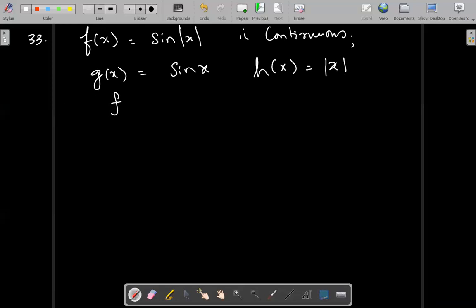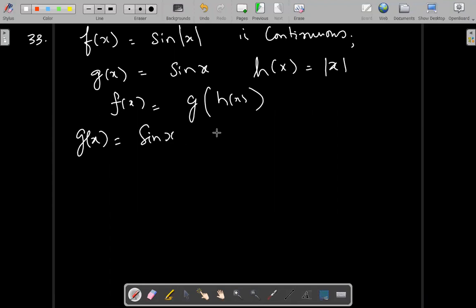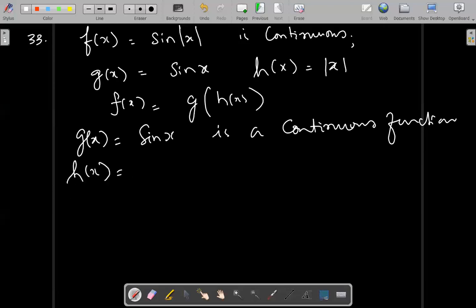So f of x is nothing but g of h of x, because you are putting mod x instead of x. So now let us look at g of x equal to sine x. It is a continuous function. h of x is mod x, a continuous function because it's an absolute or modulus function.